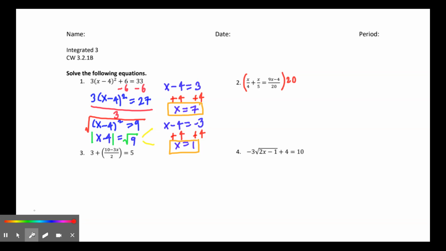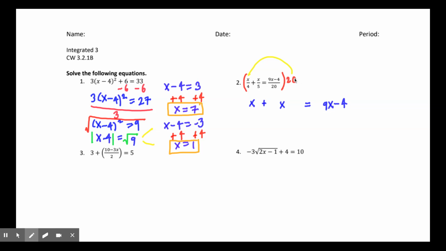And then you get x plus x. So all the denominators will go away, and then you multiply 20 by each of these.